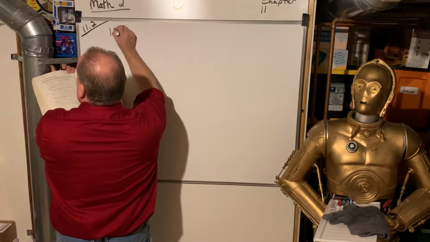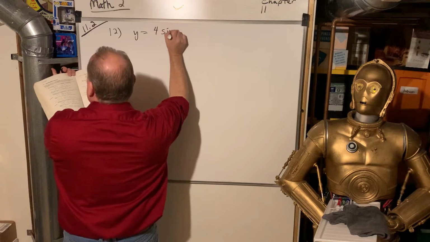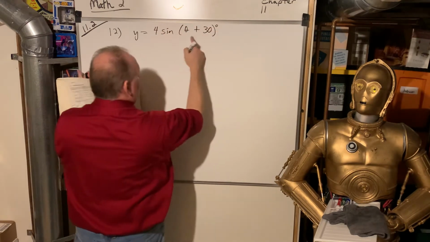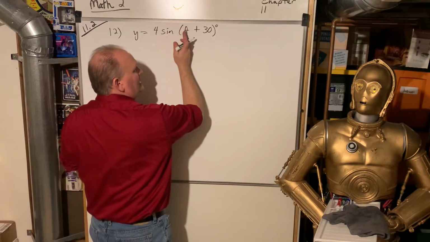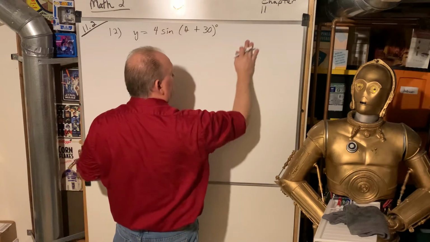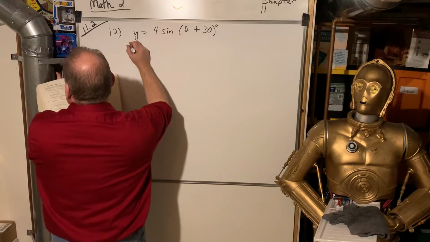So 12, they have y equals 4 times the sine of theta plus 30 degrees, inside the parentheses there. So no matter what theta we give it, it's going to shift it 30 degrees to the right, 30 degrees down the sine curve.